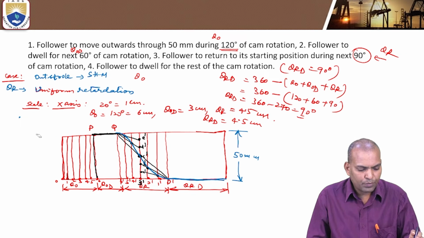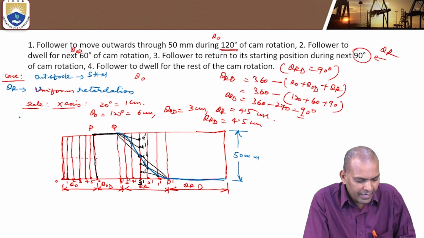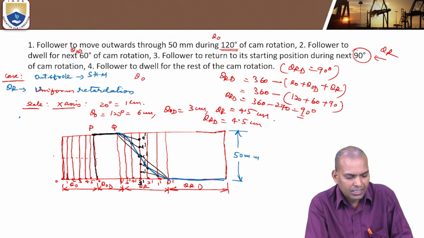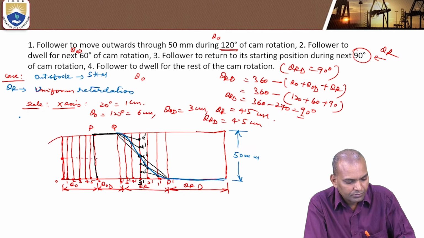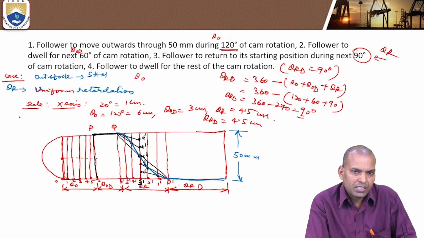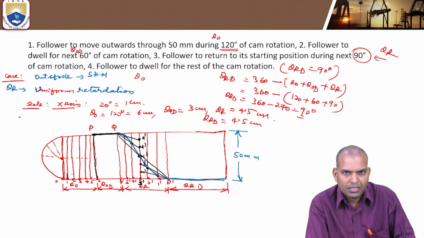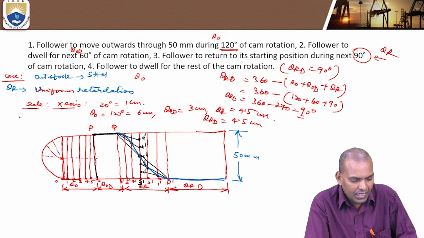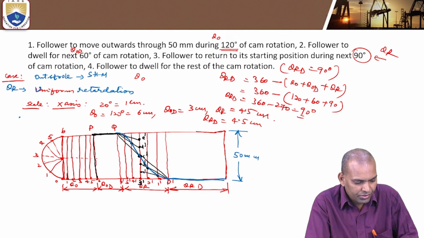During the outstroke it is simple harmonic motion. When it is under simple harmonic motion, divide the vertical line, the lift of the follower, and draw a center line. With this center, draw a semicircle. Divide the semicircle into 6 parts because we divided the outstroke into 6 portions. Similarly, 6 angular divisions: 0, 1, 2, 3, 4, 5 and 6.